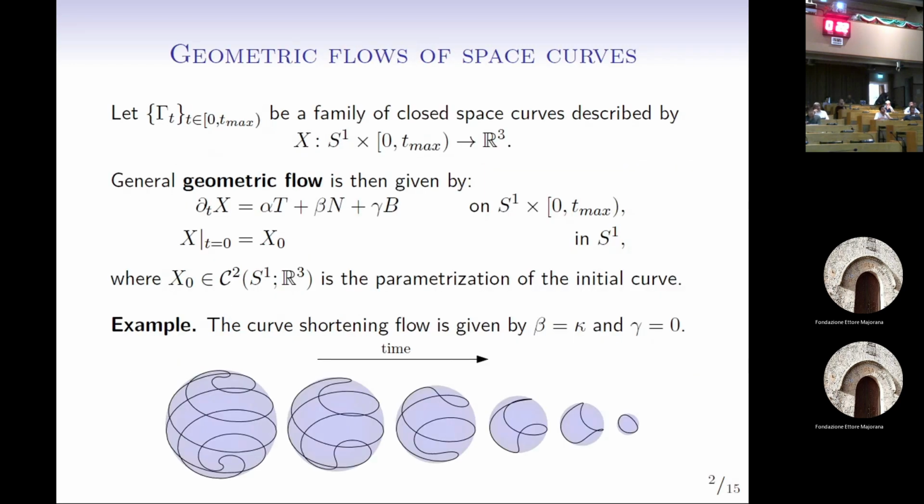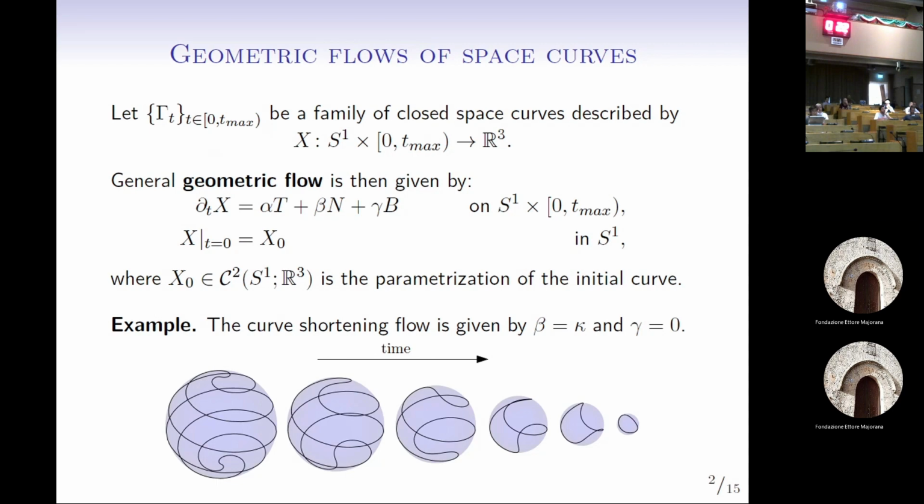So first, just a very general introduction. I will be talking about moving closed space curves in just three-dimensional Euclidean space. Basically, the framework that I will be discussing is just this simple description of geometric flow, where it's an initial value problem for the parameterization that's denoted by X here.